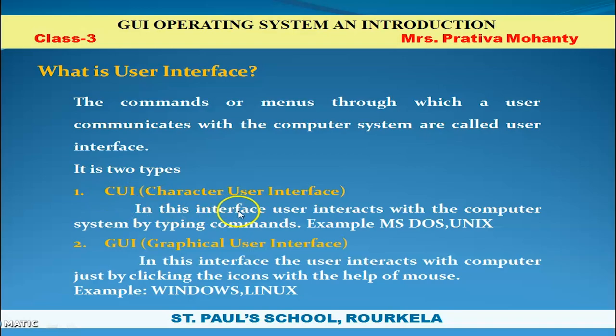In this interface, the user interacts with the computer system by typing commands. That means you have to type a set of commands with the help of which you can communicate with the computer. Examples of CUI are MS-DOS and Unix.